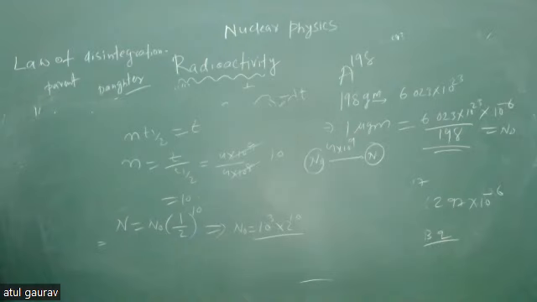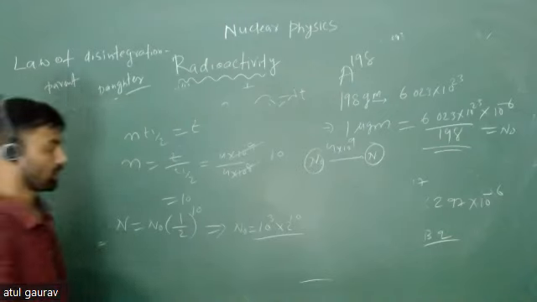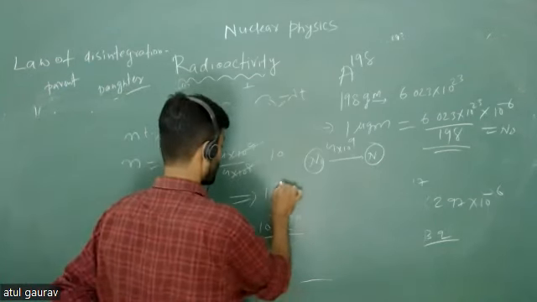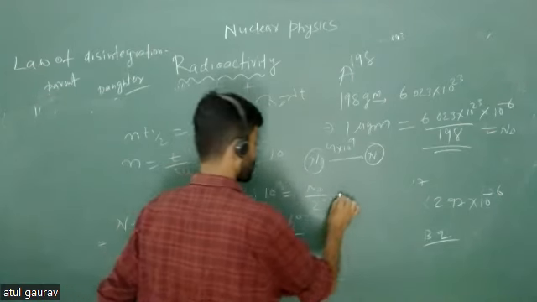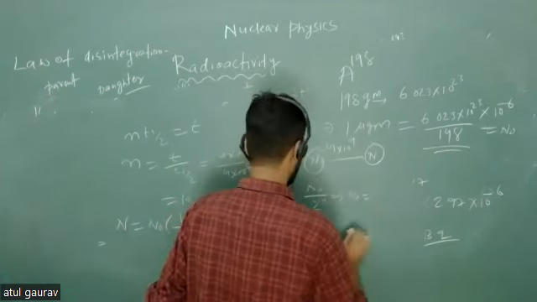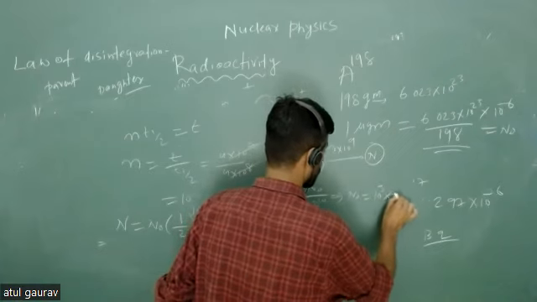Sir, one minute. No sir, one upon 2 to the power 10 will come, sir. One upon 2 to the power 10, right? So 10 by 3 upon 2 to the power 10. This n is given. Yes, see sir, n is given as 10 to the power 3, n naught 2 to the power 10. So from here you can clearly write n naught equals 10 to the power 3 into 2 to the power 10.